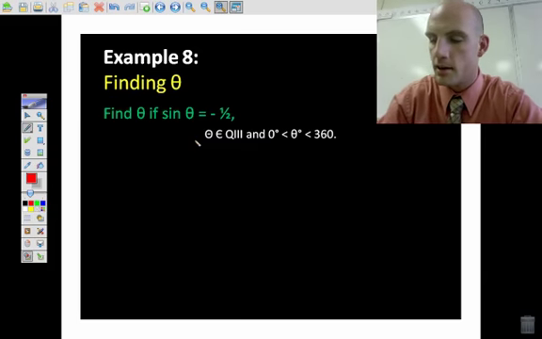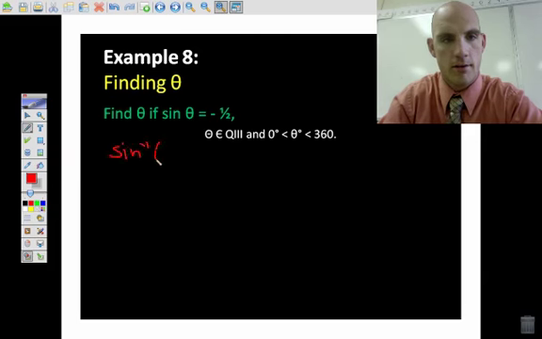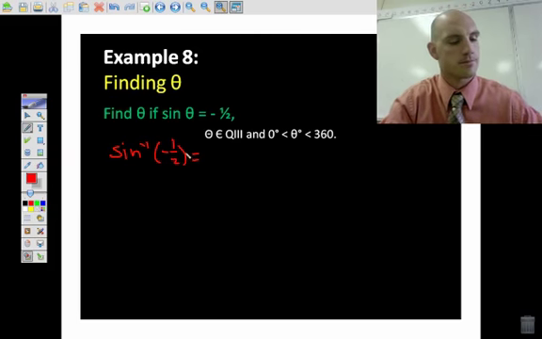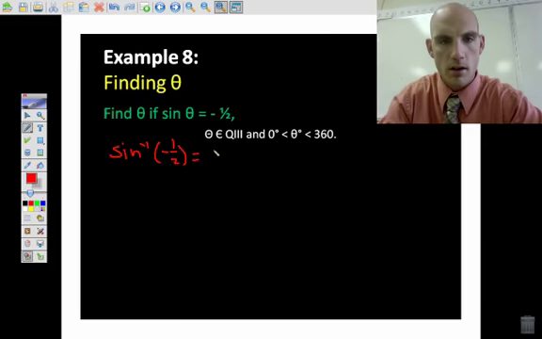If you need a little bit of guidance, I'm going to go ahead and do it right here. If you want to pause, that's perfectly fine. So I'm going to go this way. Sine inverse of negative 1/2. When I do my sine inverse, I'm going to get 30 degrees.